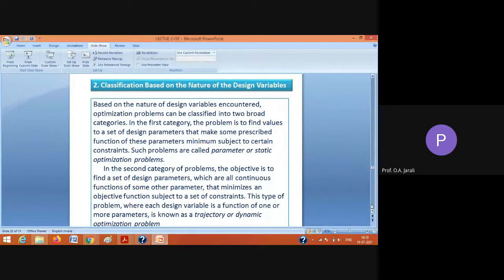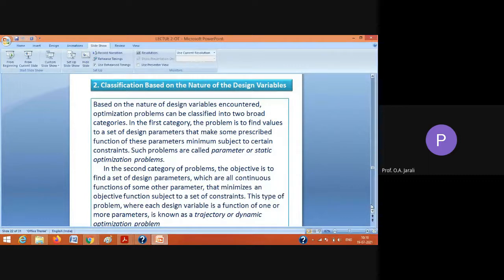This is the first category, in which the problem is to find values of a set of design parameters that make some prescribed function of these parameters minimum, subject to certain constraints.